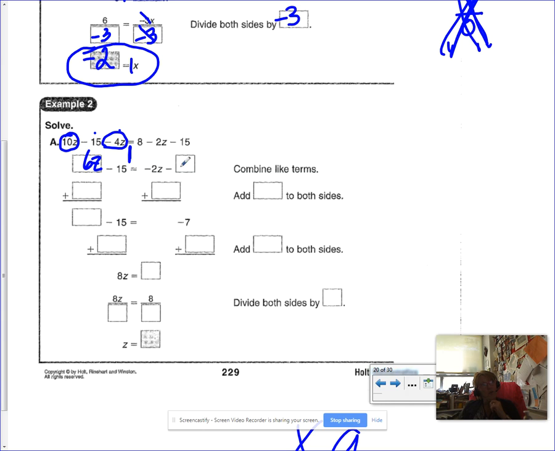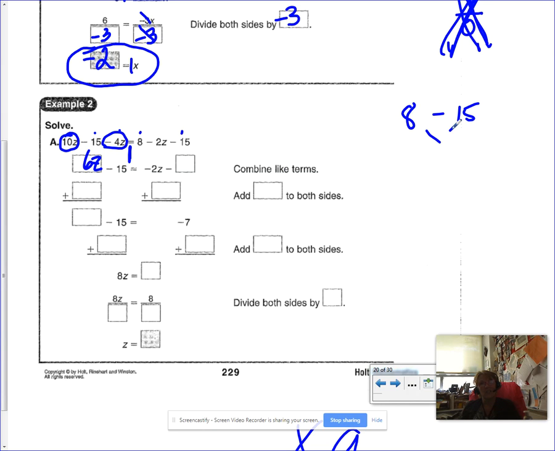Let's look at what's going on over here. What kind of hot mess we have. Here's 8 minus 2z, not like terms, minus 15. An 8 and minus 15 are both constants, and you can combine those into one term.